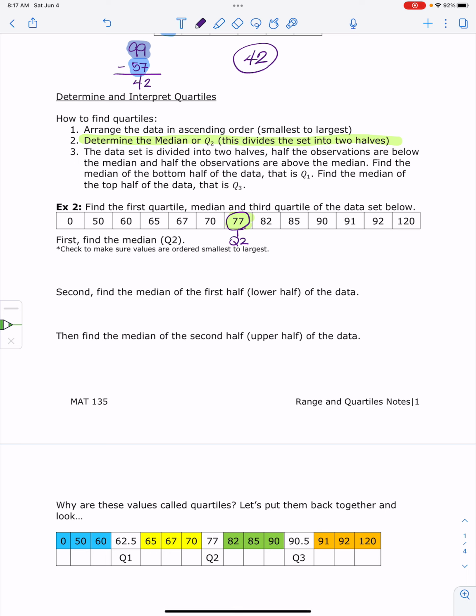Okay. I have 6 values below and 6 values above, right? So that 77, which is actually a member of the data set, it doesn't always happen that way, is the number that divides our data set in half. So 77 is our median.